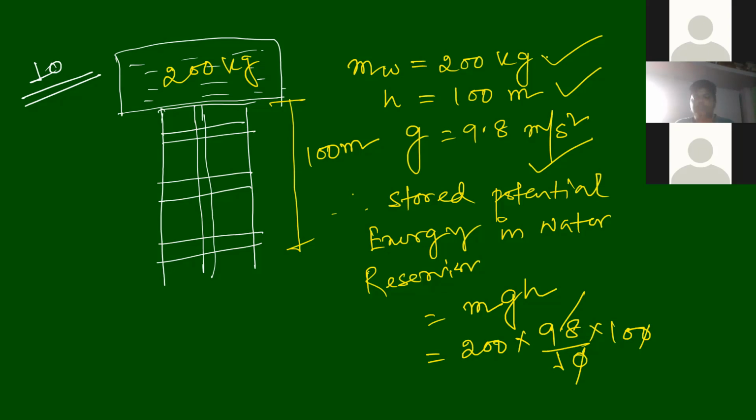Whenever you practice a lot of numerical questions, this small calculation you will automatically remember. That 9.8 twos are 19.6, otherwise 98 twos are 196. The square root of 196 is 14. So here 98 twos are 196. How many zeros are there? 1, 2, 3.